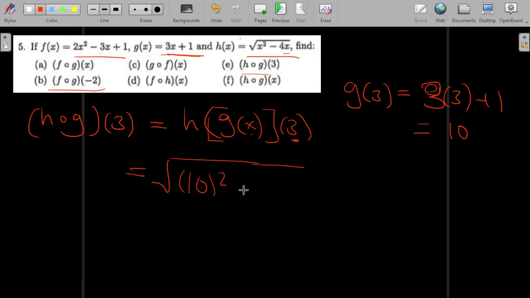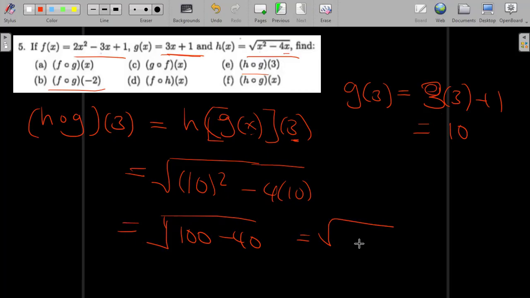Yes, so I have a 10 squared minus 4 multiplied by 10 as well. And this gives you 100 minus 40, which just gives us root of 60. Okay, the question is, can I simplify that further?